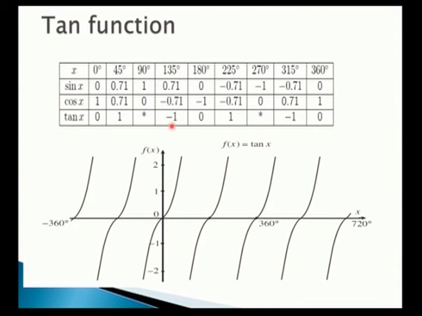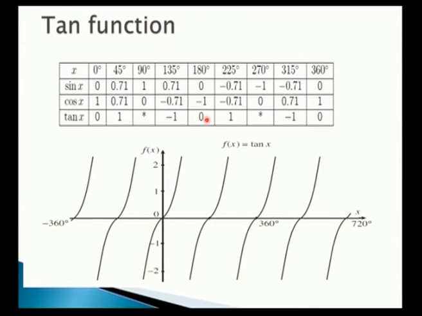So, for 135 we got tan of the angle as minus 1, then for 315 we got tan value as minus 1, then for 360 we got the value as 0. This is how the tan function being a periodic function can be explained.